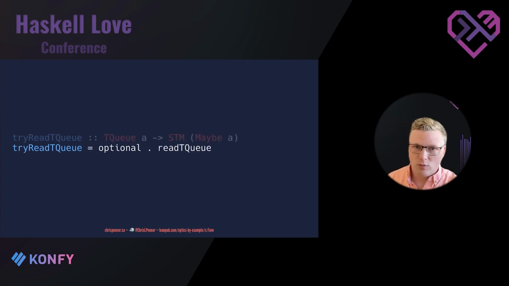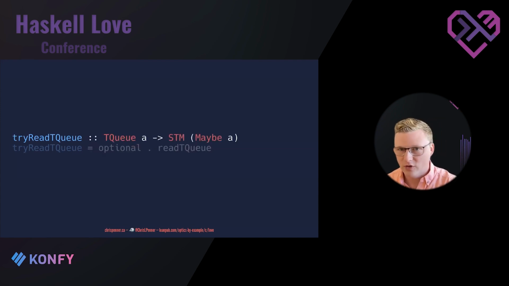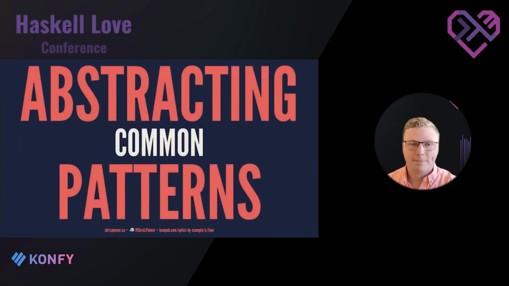So how can we get that? Well, it really is as simple as wrapping that read with an optional, and it will instead return this maybe value instead of failing the entire computation. So this is a really, really simple combinator to define, and it gives us a lot of bang for its buck.